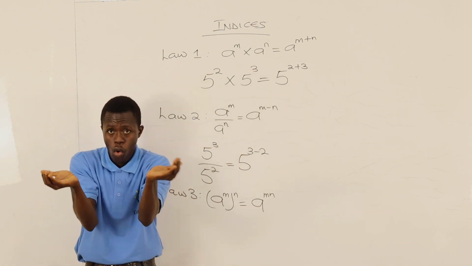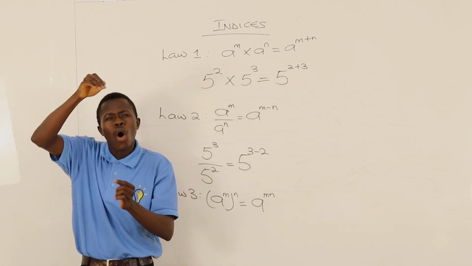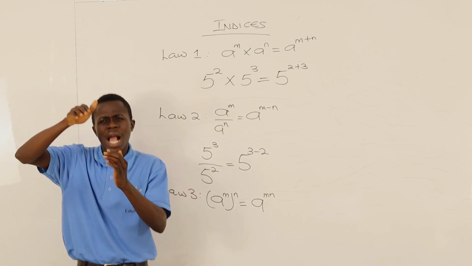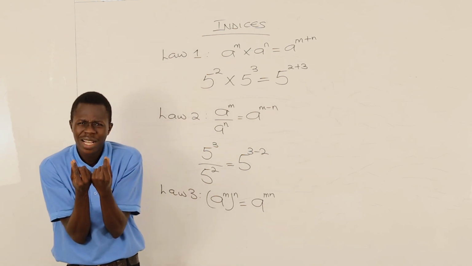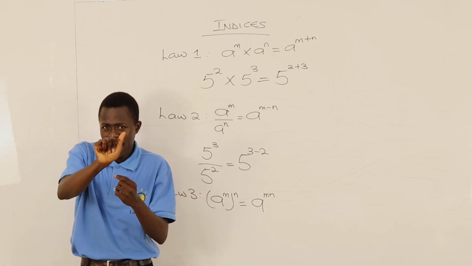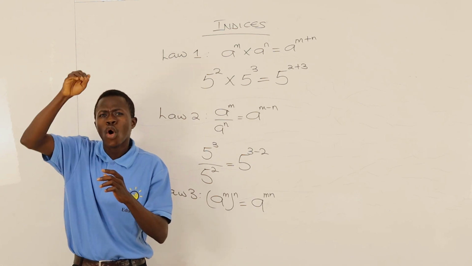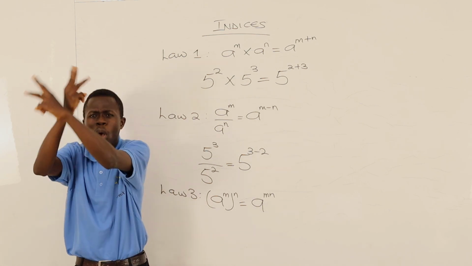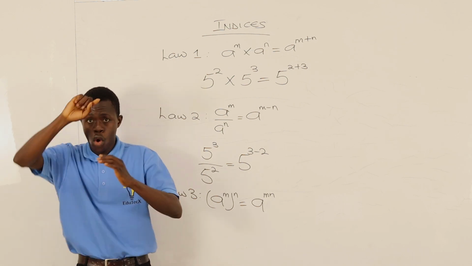Law 3 also says that when you have an expression in a bracket, a raised to the power m, to the power outside the bracket n, the answer is going to be a raised to the power m multiplied by n.